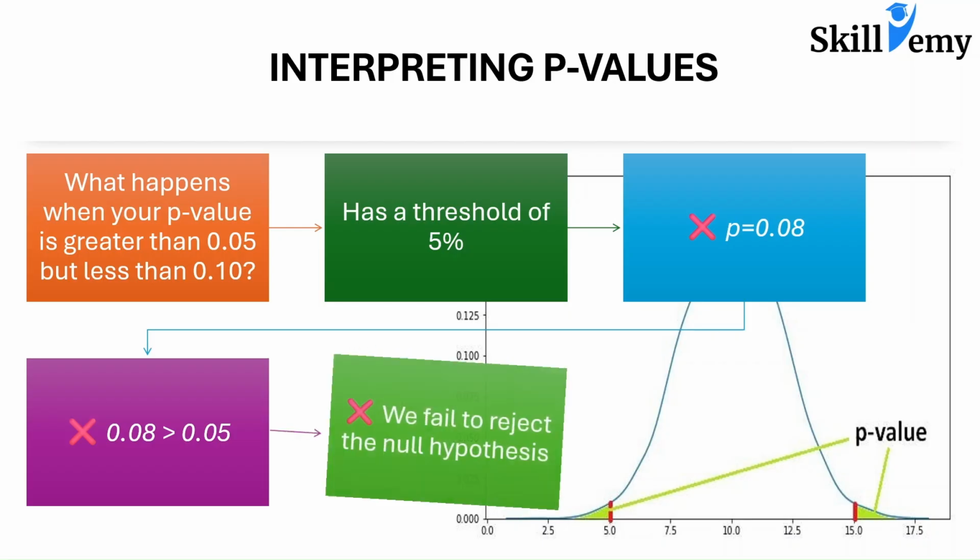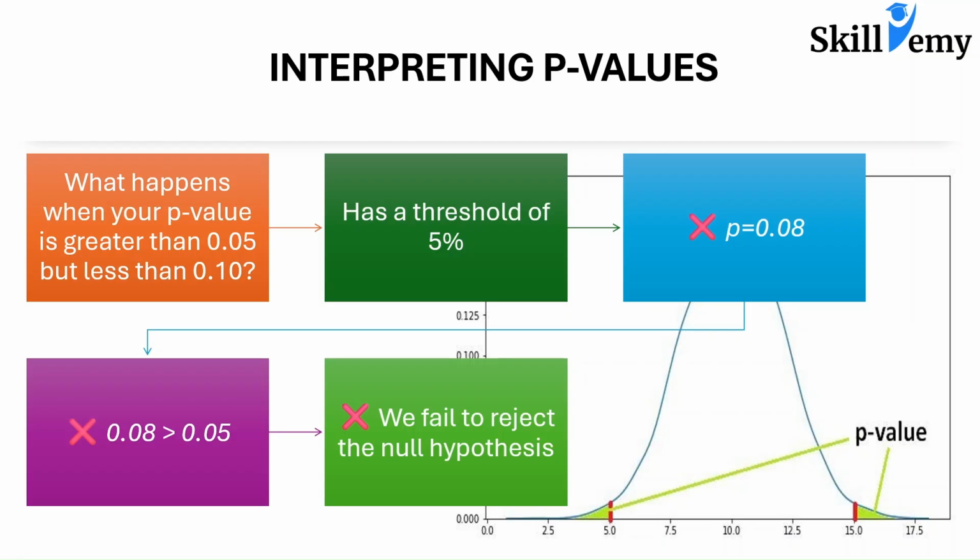And in this case, we fail to reject the null hypothesis. The general rule of p-value interpretation is that when your result is greater than 0.05, we fail to reject the null hypothesis.